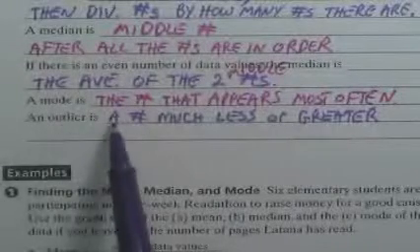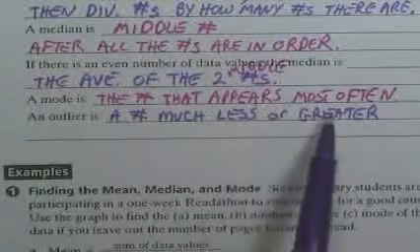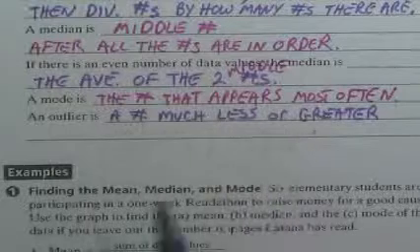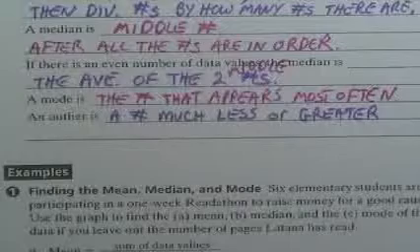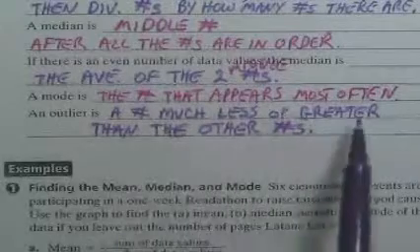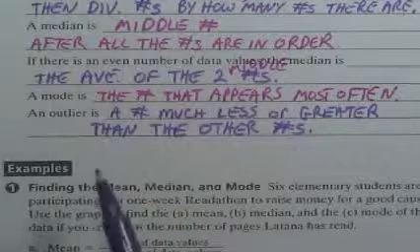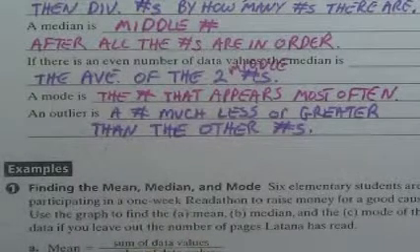An outlier is a number much less or greater than the other numbers. That's an outlier. It is outside of the others.